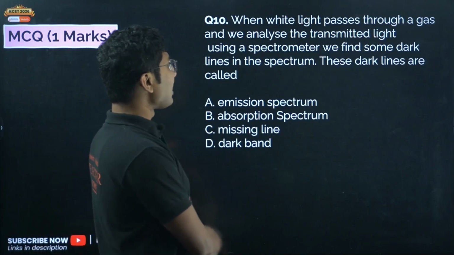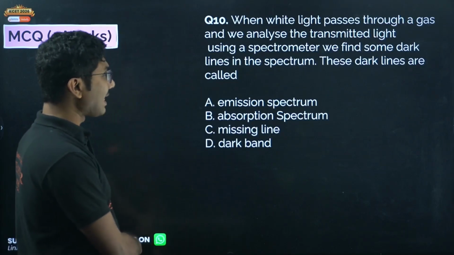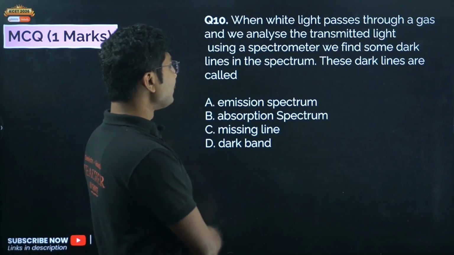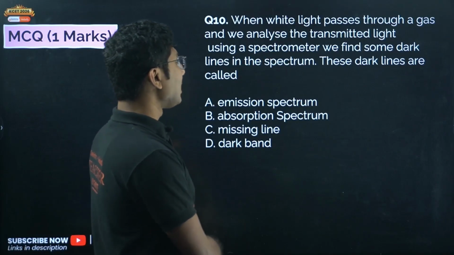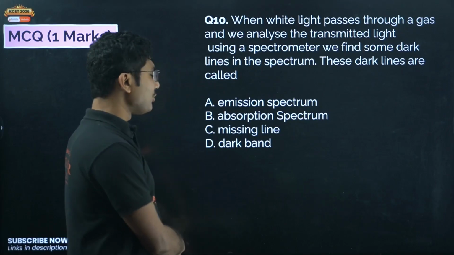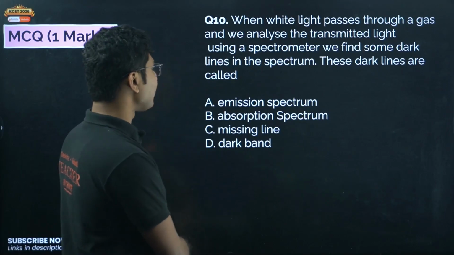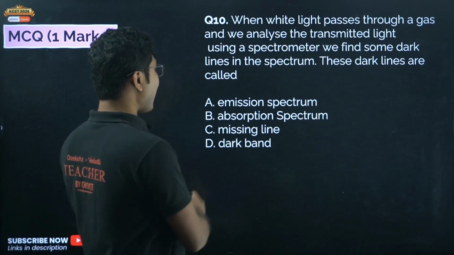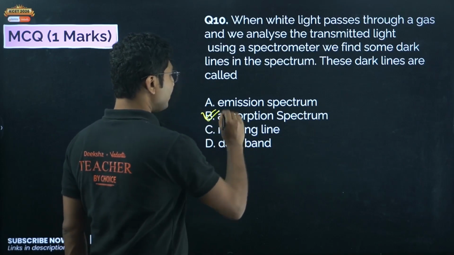When white light passes through a gas and we analyze the transmitted light using a spectrometer, we find some dark lines in the spectrum. These dark lines are called: emission spectrum, absorption spectrum, missing line, dark band? They are called absorption spectrum.